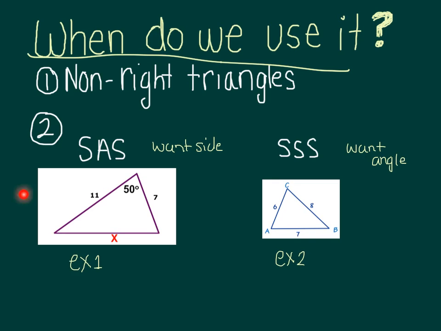You're either going to be in an SAS situation, which means we know a side, an included angle, and then another side, and we're looking for that final side. Or we're going to be in a side-side-side situation, so we know all three sides, and we're looking for some angle, any of them. So the side-angle-side was like example 1, and the side-side-side was like example 2.